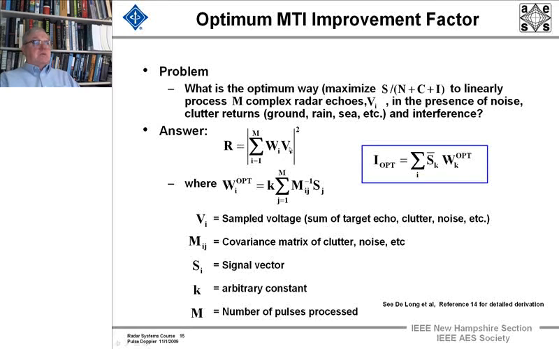And what is the optimum MTI improvement factor? The optimum MTI improvement factor as a function of frequency is the sum of the signal vector, each element, summed over, excuse me, this I should be a K, because we're going to sum over K.